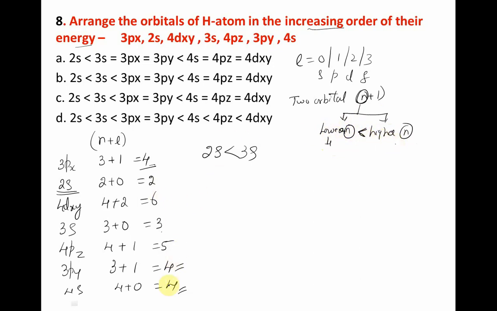So out of 4s, 3py and 3px, 3 is the principal quantum number, therefore 3px is equal to 3py, which is less than the 4s energy orbital.